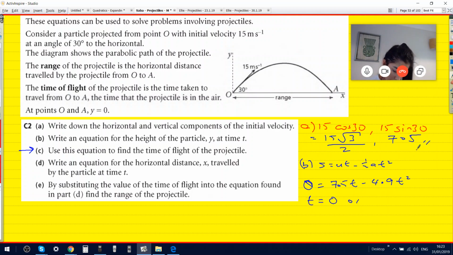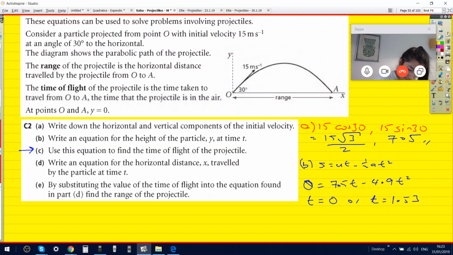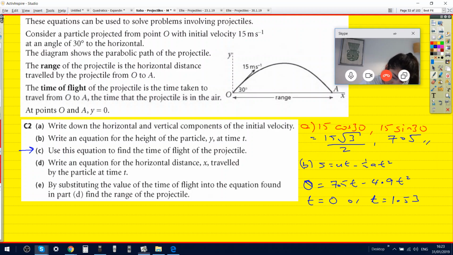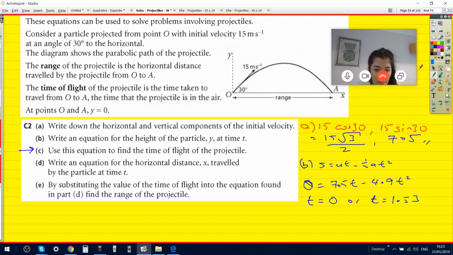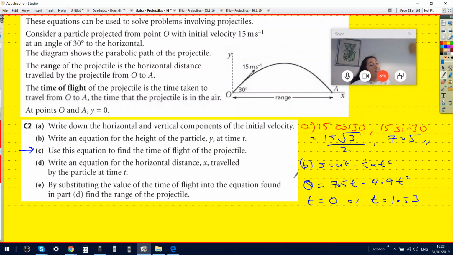Yeah, and that's 7.5. So minus 4.9, 7.5, 1.53. 1.53. That's for C. 1.53 is correct. Okay. D.